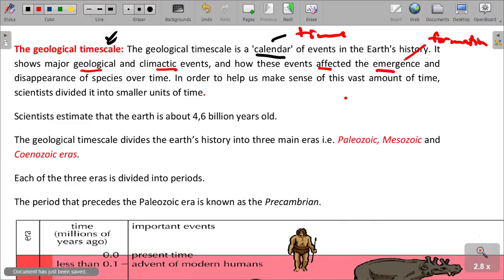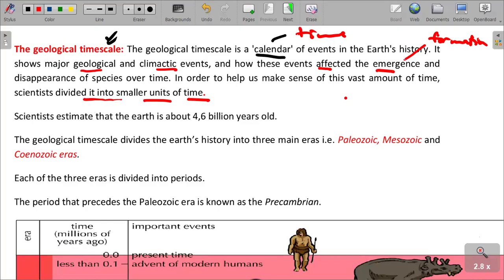In order to help us make sense of this vast amount of time, scientists divided it into smaller units. The geological timescale is scaled into smaller units of time so that we can understand them better.